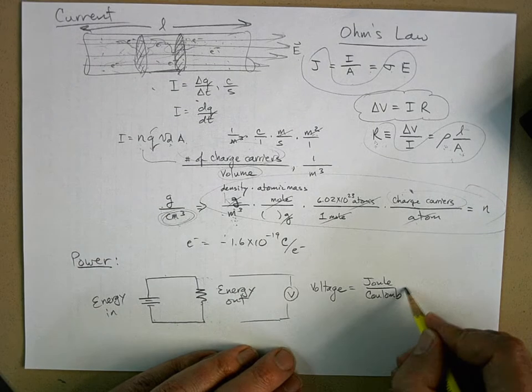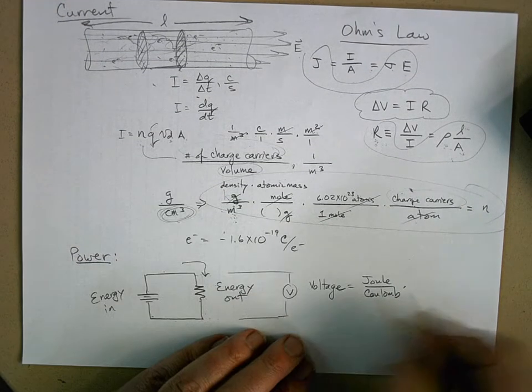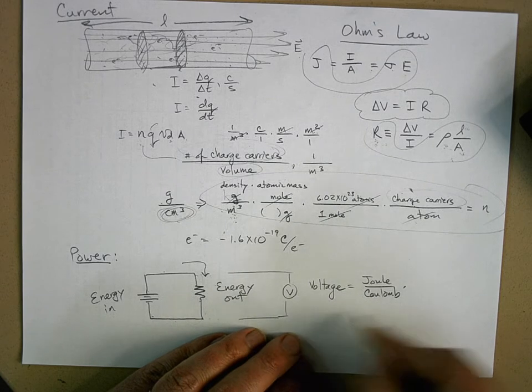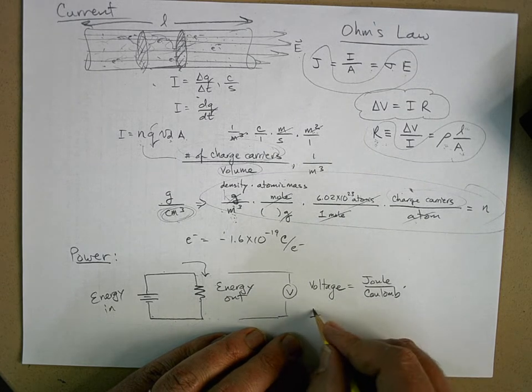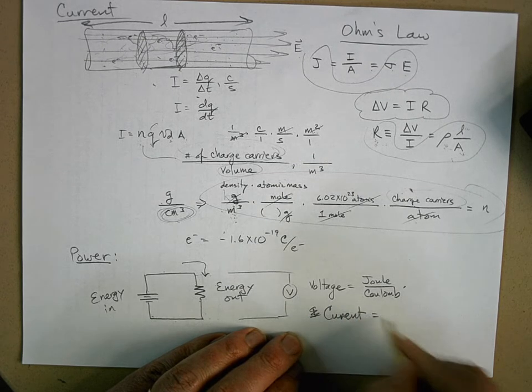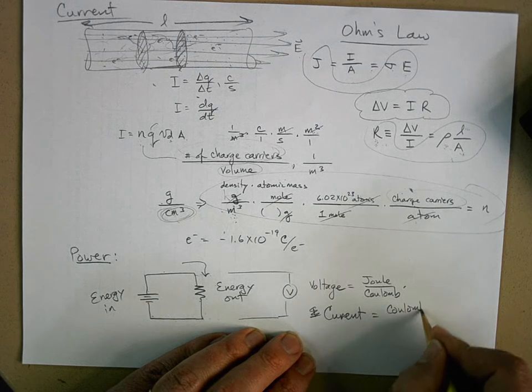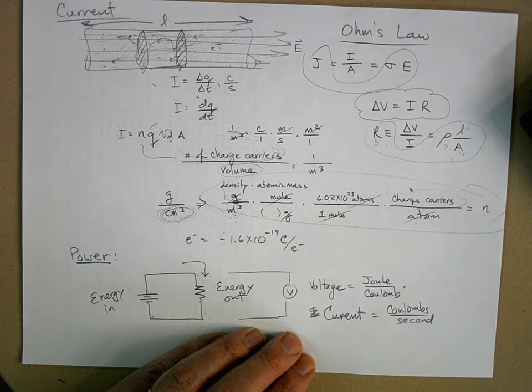Well, it's got current flowing through it, doesn't it? Let's just take a look at current. Current is how many coulombs go by every second. Well, look what happens when I multiply these two together.